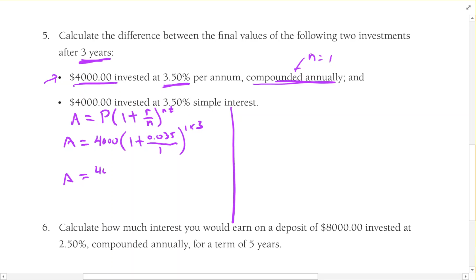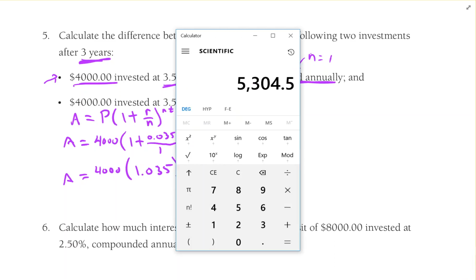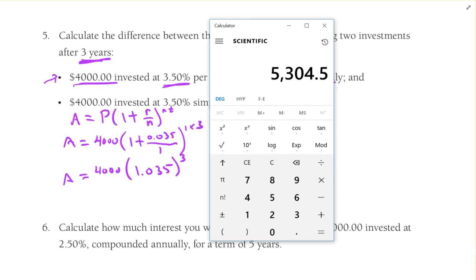Okay, and then I'm going to rewrite this. It'll be A is equal to 4,000 times 1.035. I just got rid of that 1 because it didn't really matter, and then added it to 1 there. And then to the power of 3. Now I'm going to do the power part of it first just to be safe.